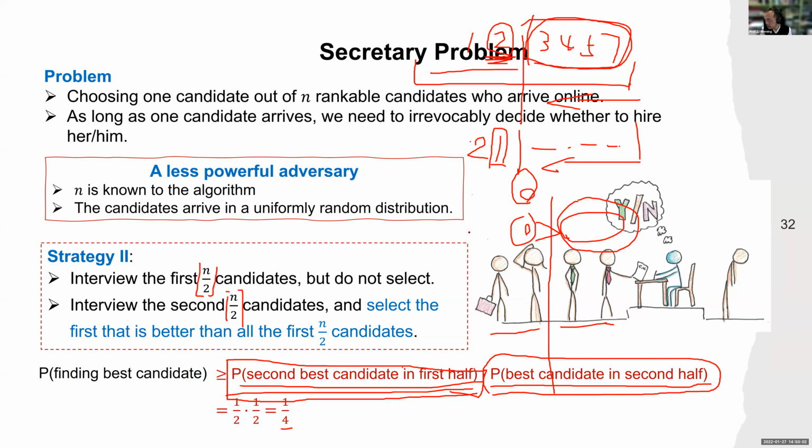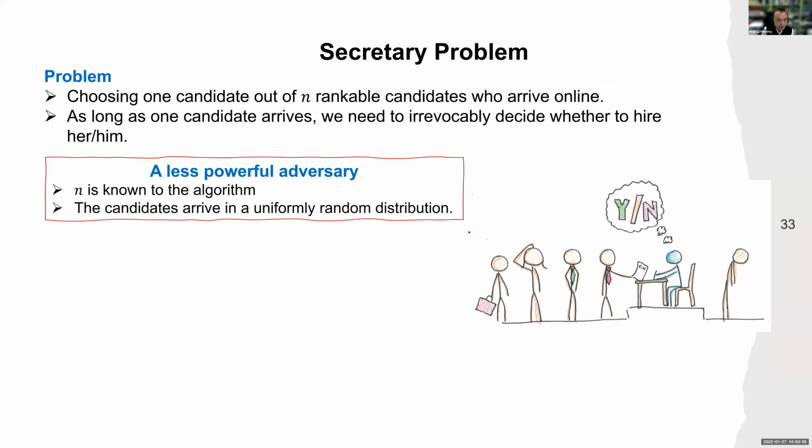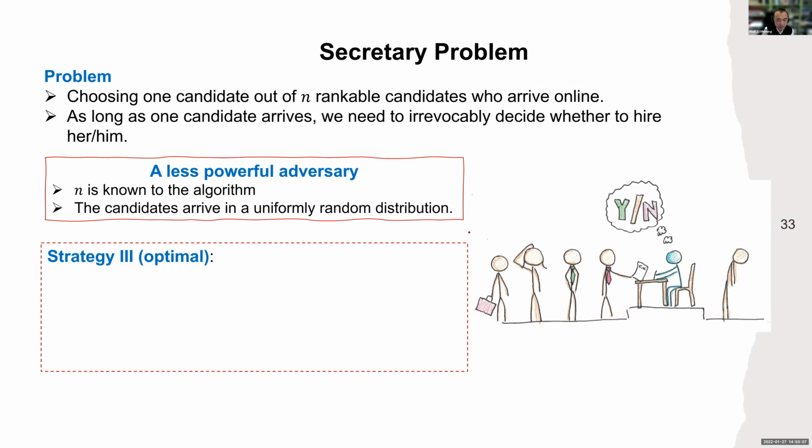Okay. So I guess today I'm just stopping at the optimal strategy. The detailed analysis I will postpone to next week. Now, actually, half is not the best. The best one is to interview the first N/E candidates, but do not select.